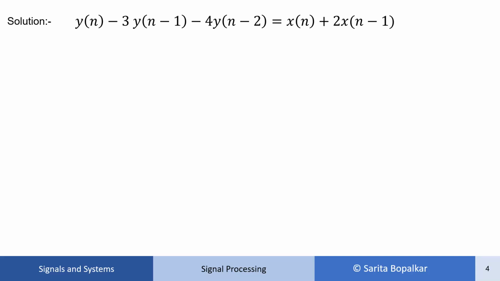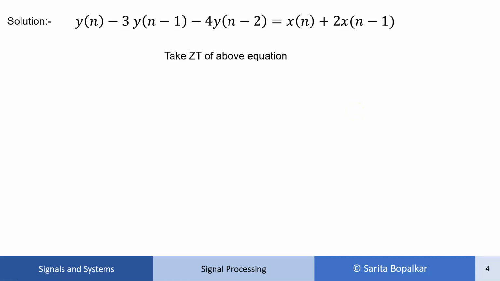Solution: this is our difference equation. To get the impulse response, first we have to find the transfer function. For that, apply the Z transform to the above equation. Here there are y of n minus 1, y of n minus 2, x of n, x of n minus 1, so we can apply the time shifting property of Z transform.